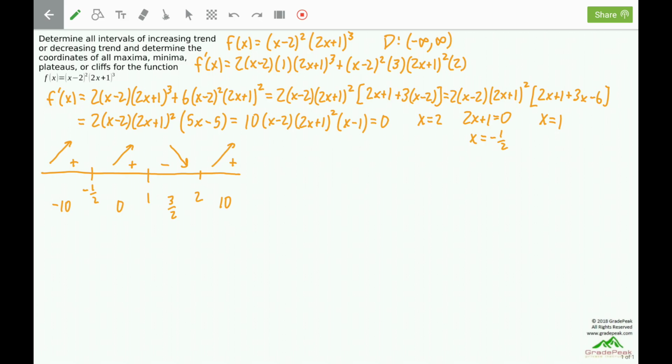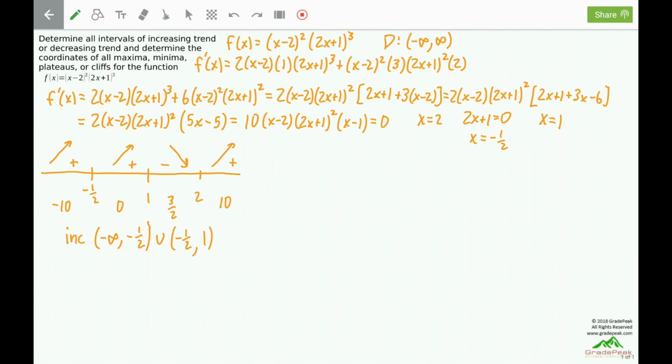So we have an increasing trend happening from negative infinity up to -1/2. Union, it's happening again from -1/2 up to +1. We cannot put those together because -1/2 is not included.